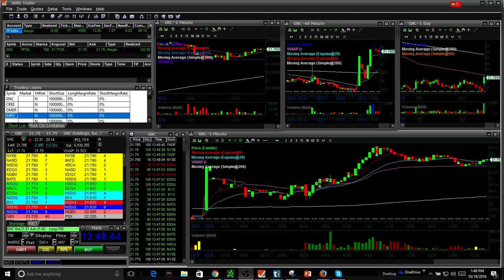We got the close over the moving averages, but I'm not getting any follow through. I gave it this chance. We got one more minute left on this 5 minute candle, and it's just not moving. I don't know, it may be smart to just get rid of it.